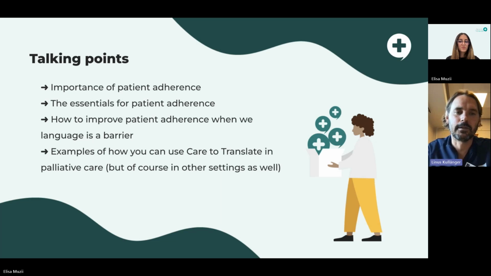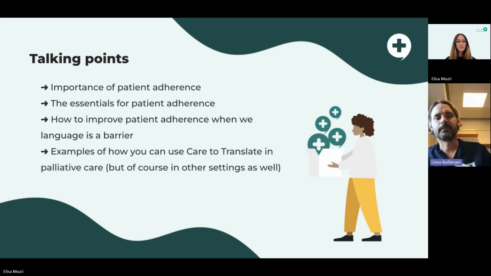First of all, the importance of patient adherence. I'll talk about the essentials for patient adherence, what we need to get patient adherence to work, how to improve patient adherence when we have language as a barrier, and then examples of how you can use Capio Translate in palliative care.